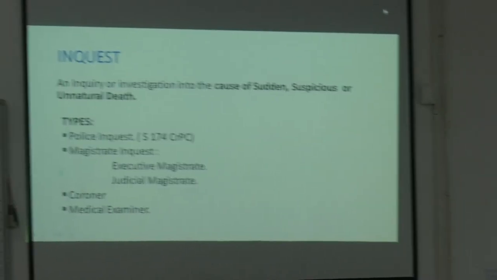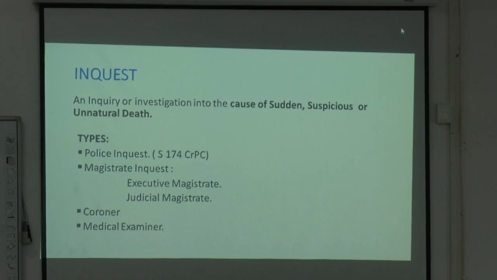Now, inquest. What is inquest? This is very important. Inquest is an inquiry or investigation into the cause of sudden, suspicious, unexpected, unnatural death. So when we go for postmortem, you will hear about UD cases, case number.